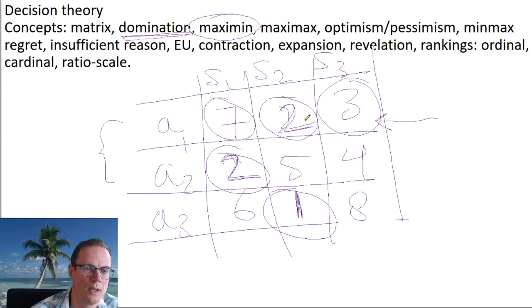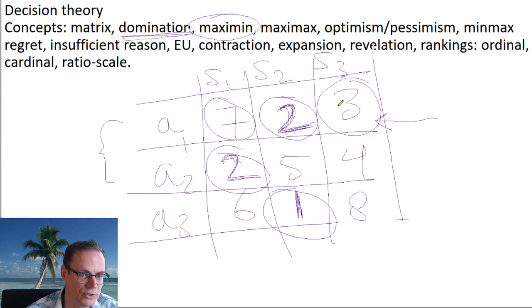Now you might say, well, if there's a tie in how bad the outcome can get, why not look at the second worst outcome? So A1 beats A2 if you're a scaredy cat, if you're pessimistic, because the worst outcomes are equally high.